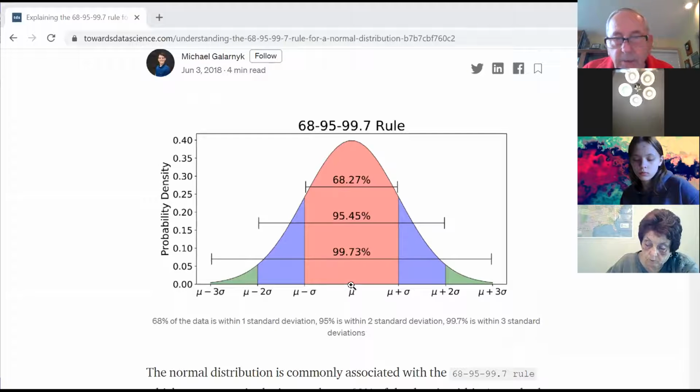So it goes mu minus 1 sigma, mu plus 1 sigma. 68% of all the population of the world falls within this as far as IQs. So if this is 100, this is 85. This one over here is 115. That would be all within 1 sigma.